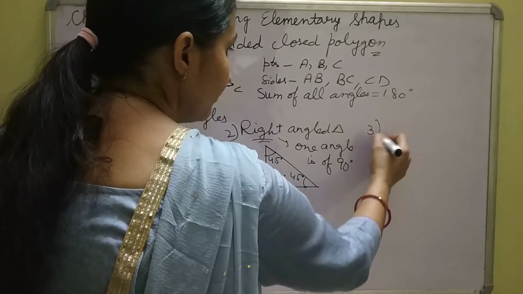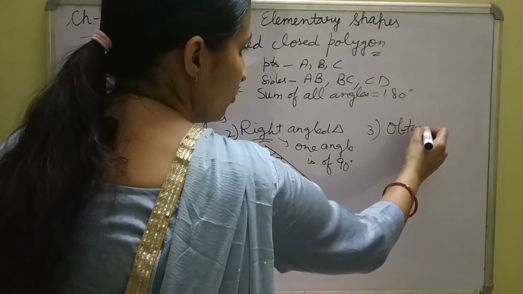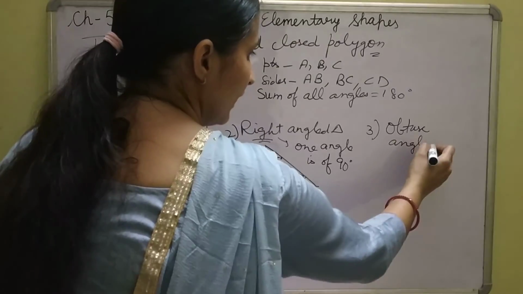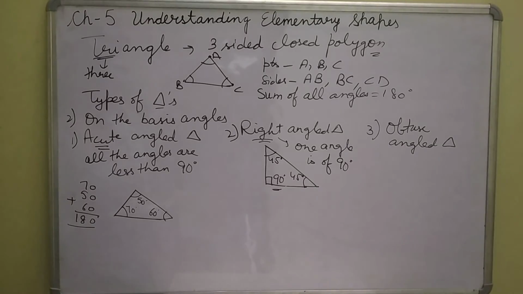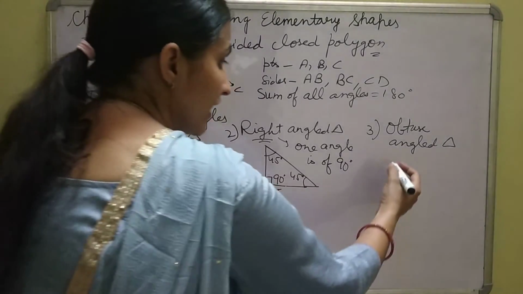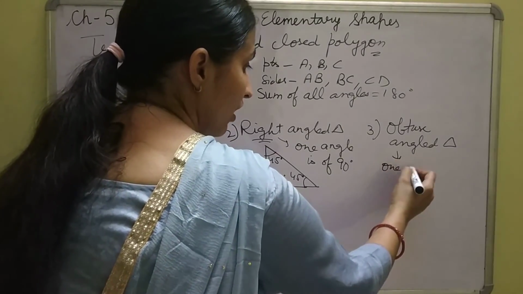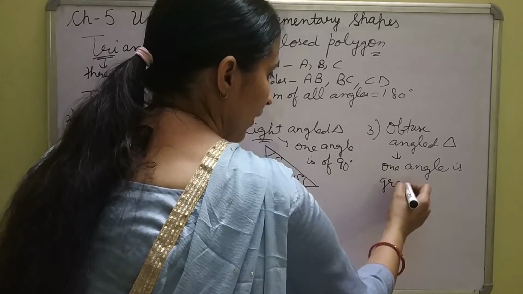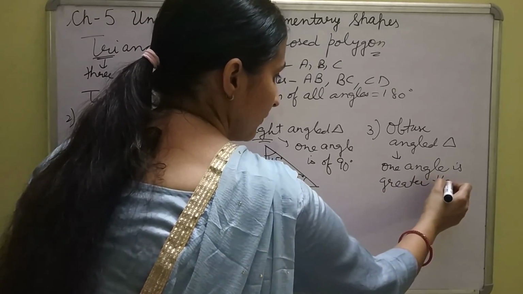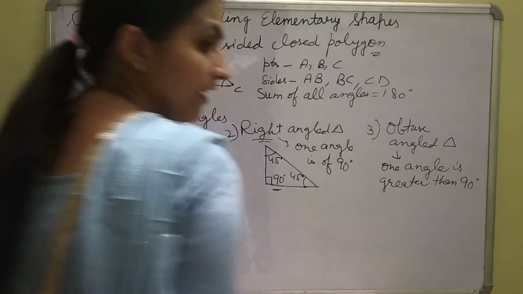Third one is obtuse angled triangle. Now what do we mean by obtuse angle triangle? Obtuse angle means which is greater than 90. So in this triangle, one angle is greater than 90 degree.